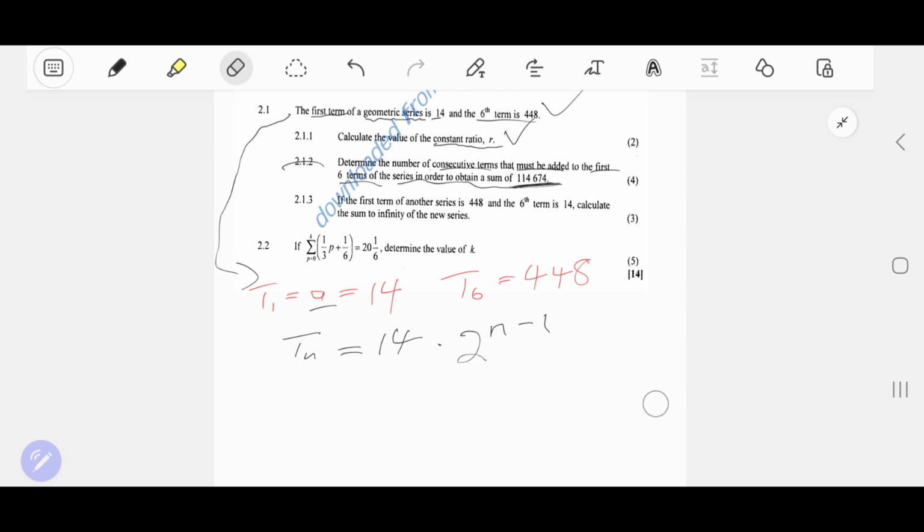Remember, now they're talking about the summation, so we know we have to introduce some summation formulas. Since our R is greater than 1, the Sn formula that we're going to use is this one: R to the power of n minus 1, divided by what?